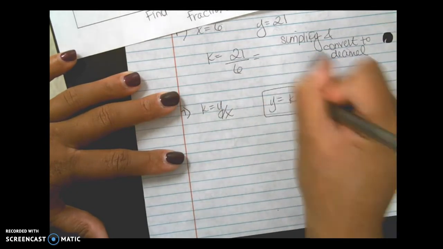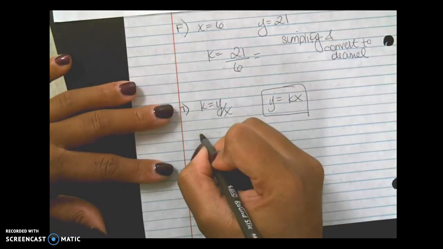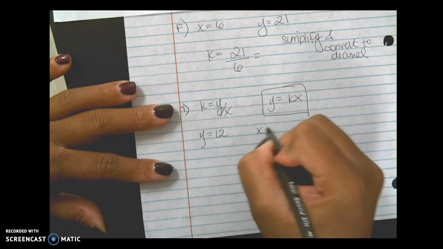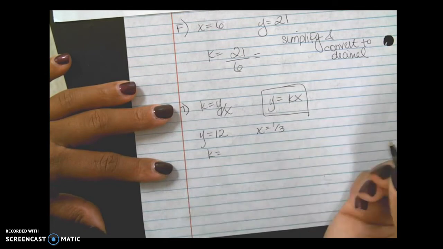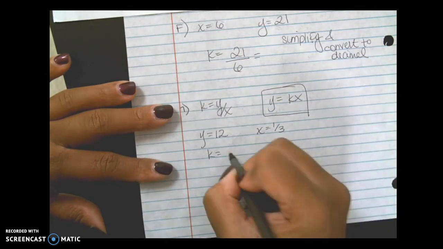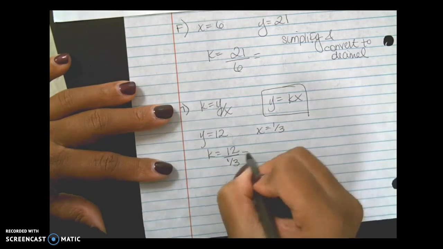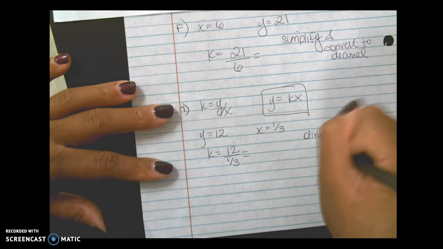This is the form that my equation must be in at the end. Y equals 12, x equals 1/3. I have another division of fractions problem. 12 divided by 1/3. Divide fraction.